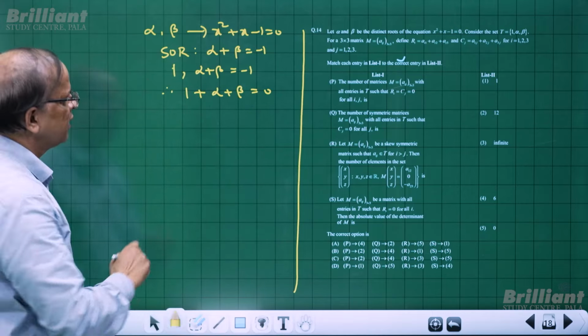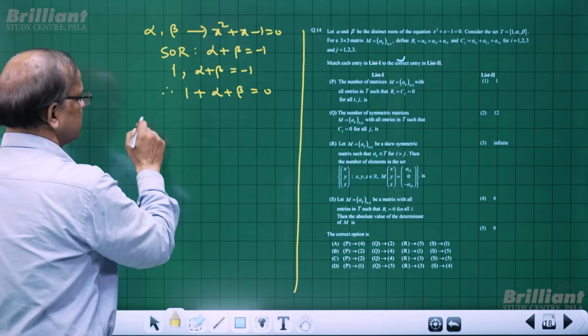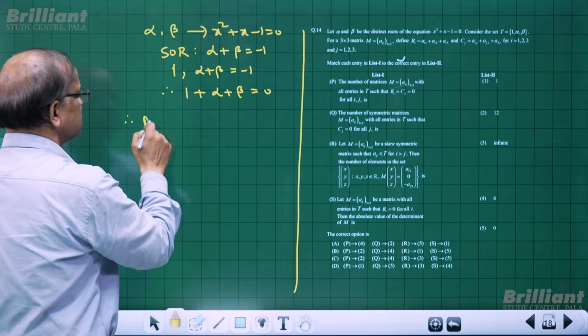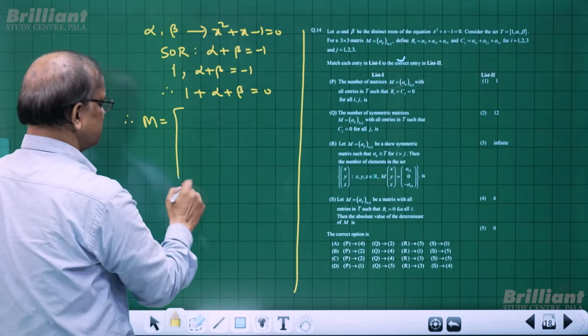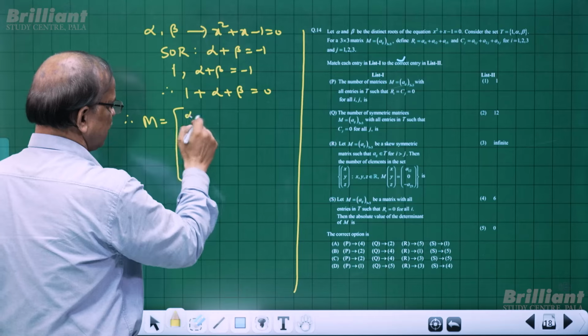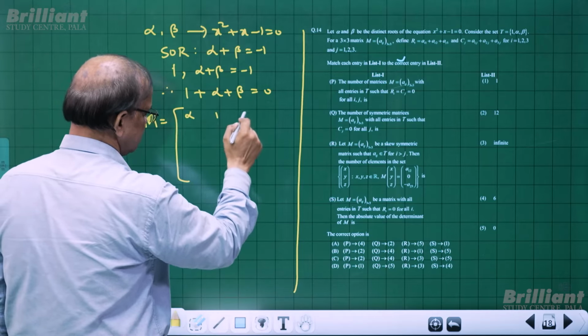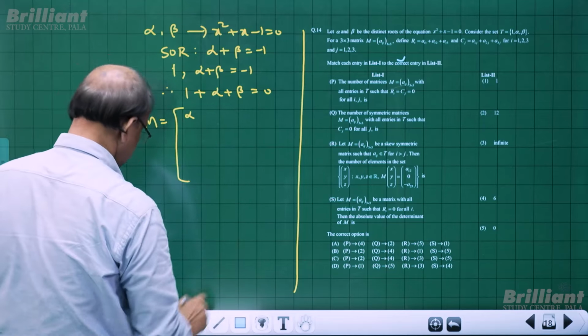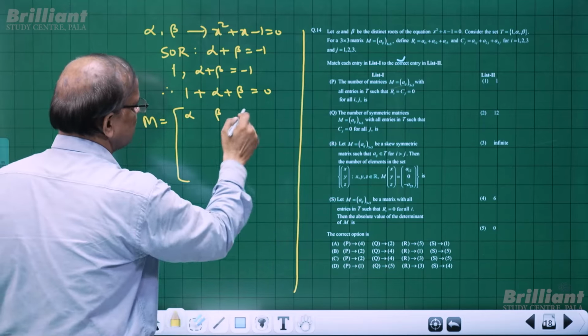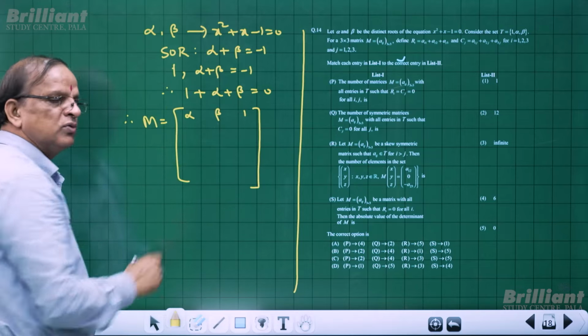So, I can take the matrix M like this: alpha, 1, beta, then beta, alpha, 1, and the sum is 0.